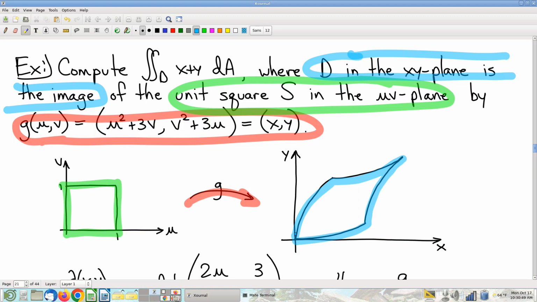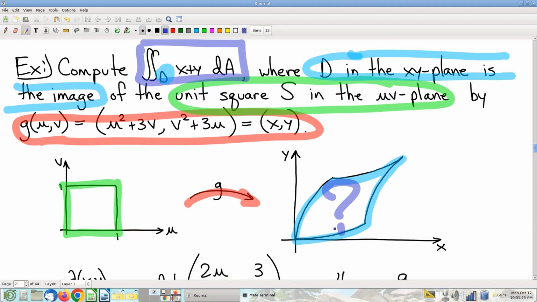Don't worry about the lack of realism here. Okay. So we've got a domain in the UV plane. We've got its image in the target XY plane. We've got the change of variables function that relates them. The question asks us to compute an integral over that image in the XY plane. So we want to compute an integral over here. Oh, whoops. I want to compute an integral over here.